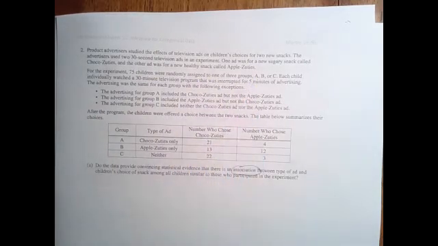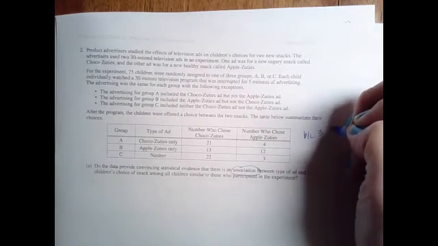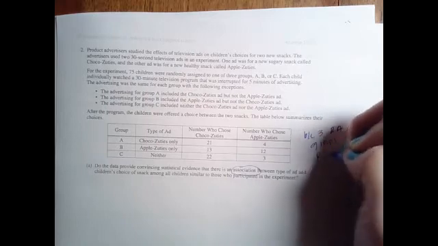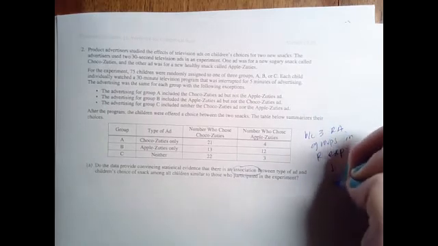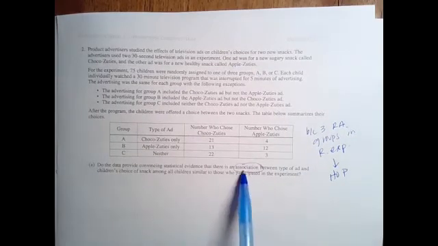Because we have 3 separate groups randomly assigned, this is a test for homogeneity of populations in a randomized experiment, even though it says an association. So I understand that that can be confusing.